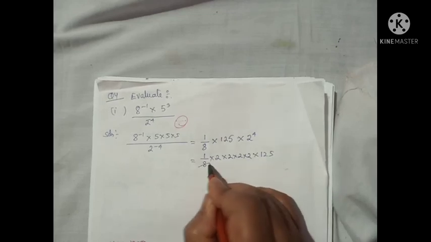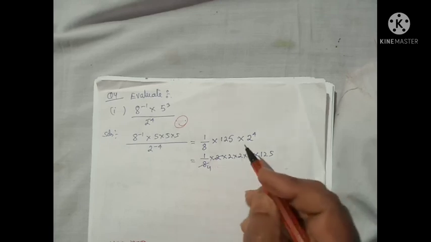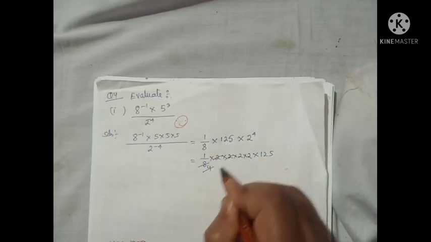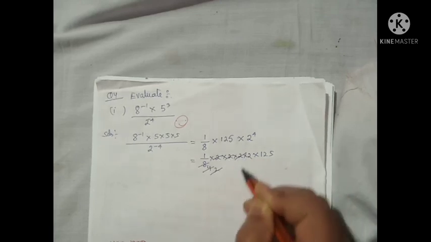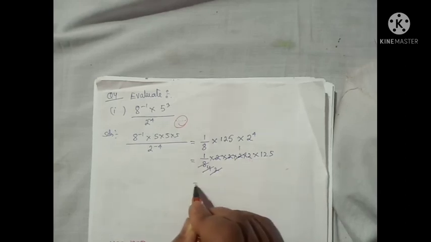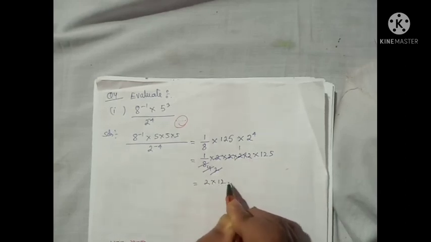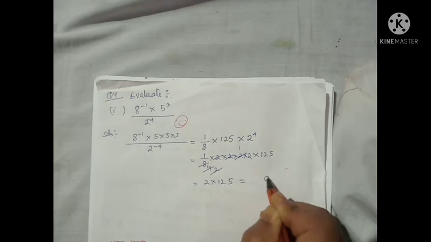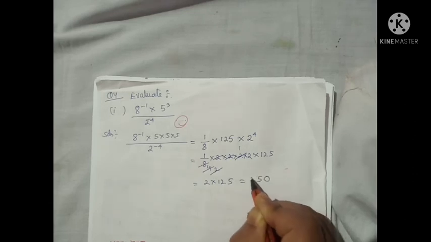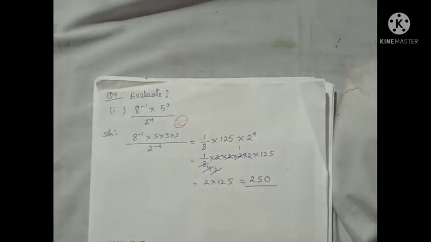Now again you can cancel. What will the answer be? 2 into 125. The answer will be 250. This is the answer for question number 4, Roman number 1.